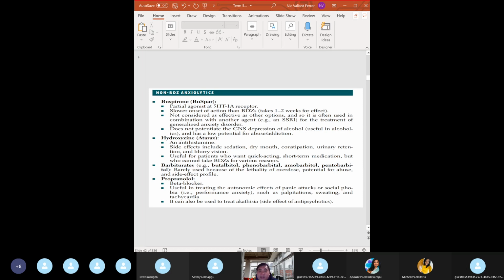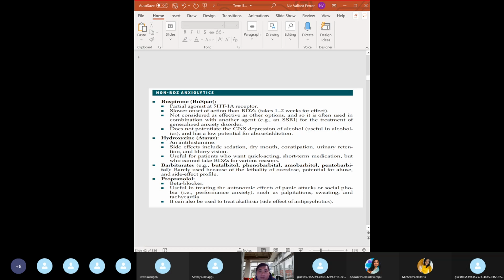Next, buspirone, mechanism of action: partial agonist at the 5-HT1A receptor, slower onset than your benzos. It does not potentiate the CNS depression of alcohol and has low potential for abuse. You should also know hydroxyzine, an antihistamine. All right, side effects, of course, antihistaminergic.